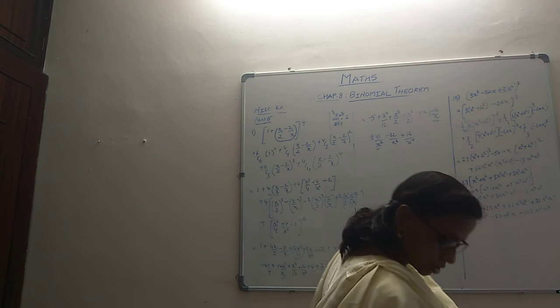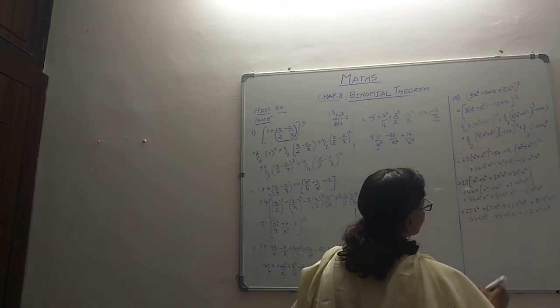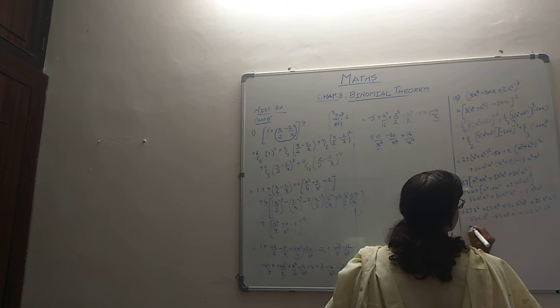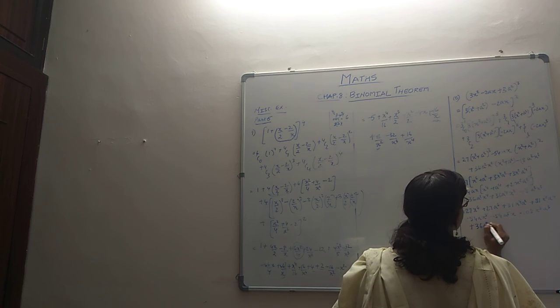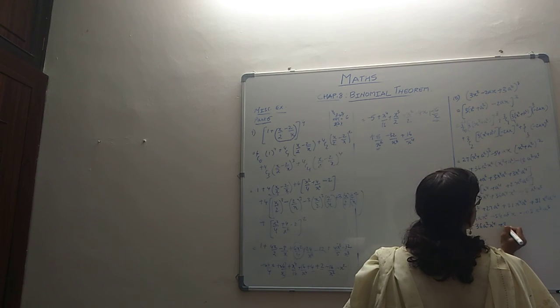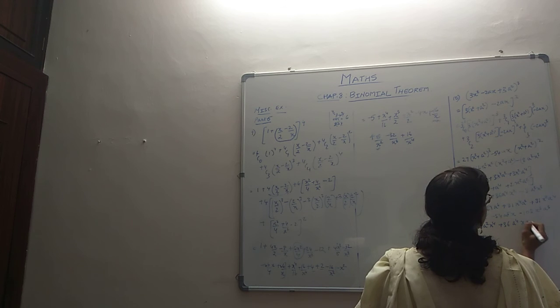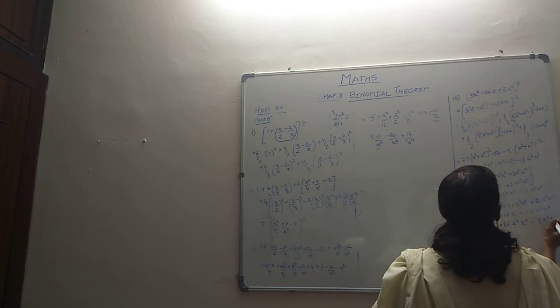Then these terms as they are: 36 a squared x raised to 4 plus 36 a raised to 4 x squared minus 8 a cube x cube.